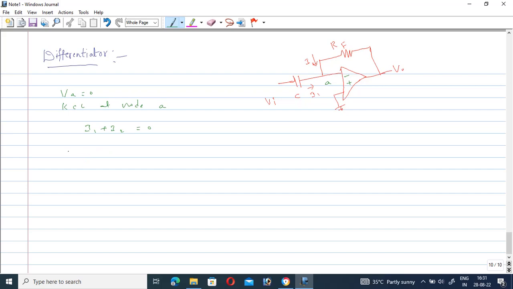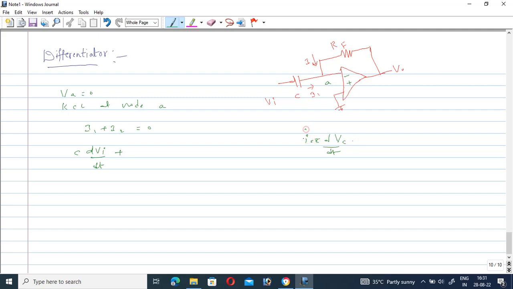So here I1 is C into dVi by dt, because the capacitor current is equal to C into dVc by dt.